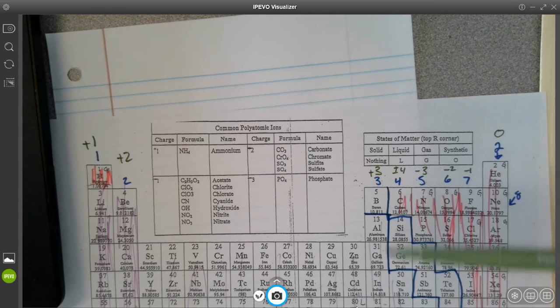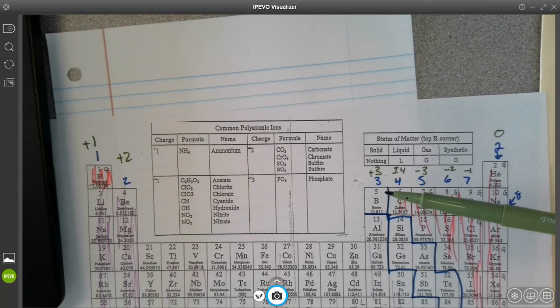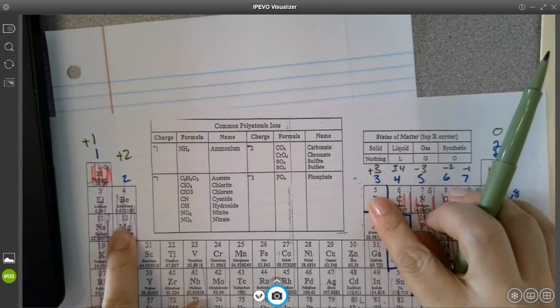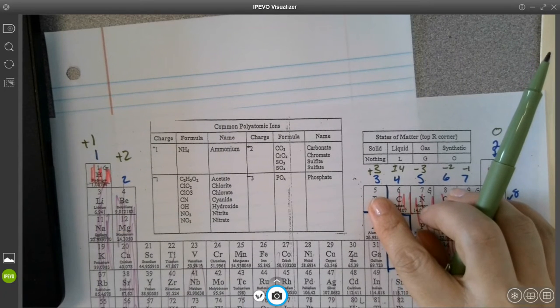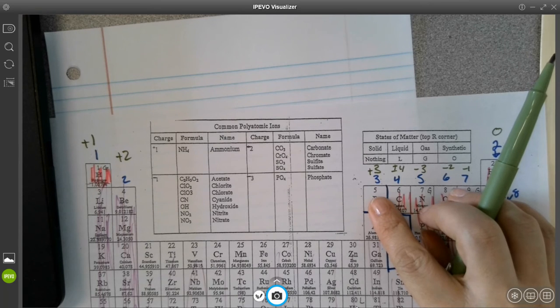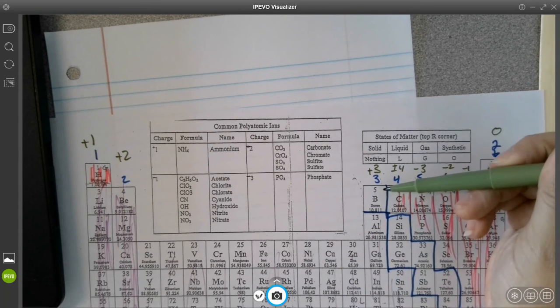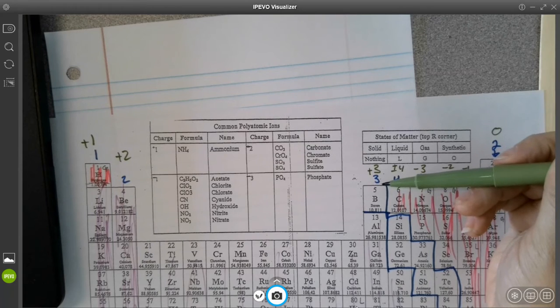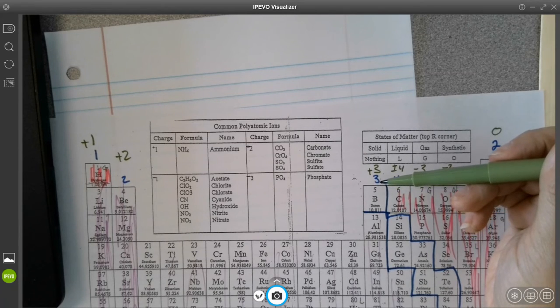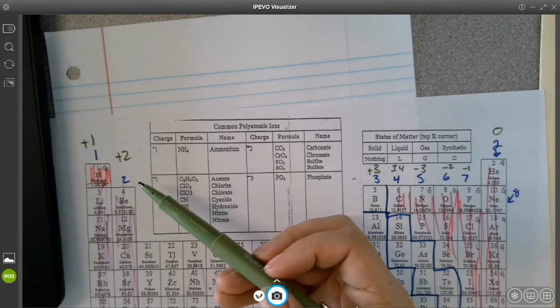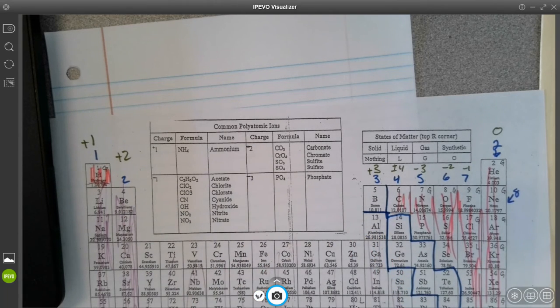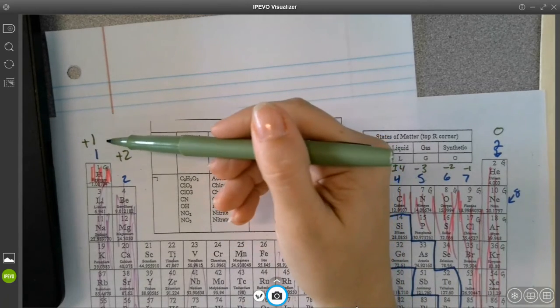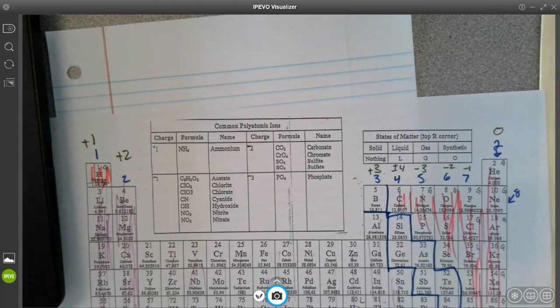When we get to family 13, it's easier for families 13, 1, and 2 to give away their electrons, so they're more ready to give away their extra valence electrons, which is why they're positive. Family 13, since it has 3 valence electrons, it means that it has 3 electrons that it's willing to just give away. Same with families 1 and 2. They're ready to give away those valence electrons, so therefore they have a +1 and +2 charge.